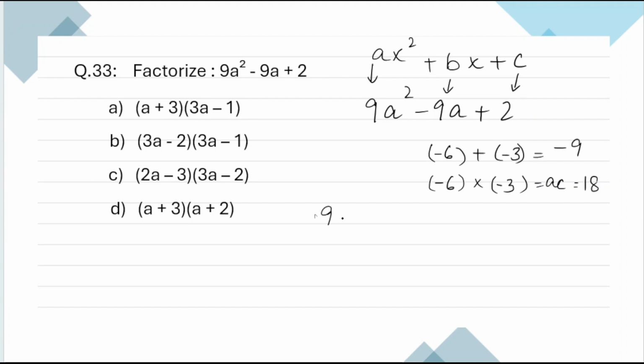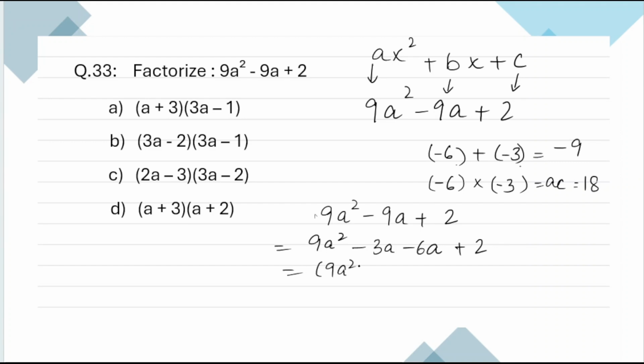So it is 9a square minus 9a plus 2. Now this -9 can be written as -6 and -3. So -9a is actually -3a, -6a, because -3a, -6a gives you back -9a, plus 2. Group them.